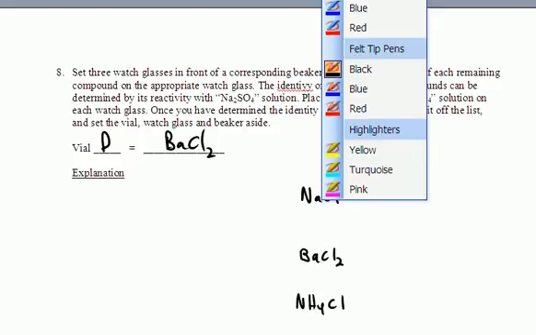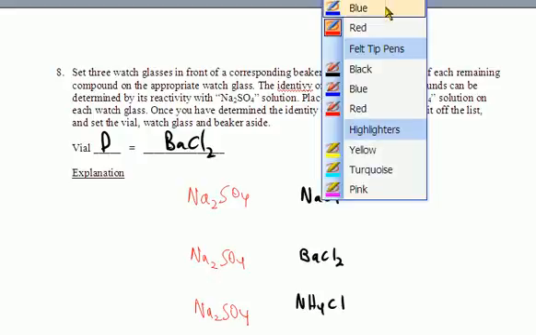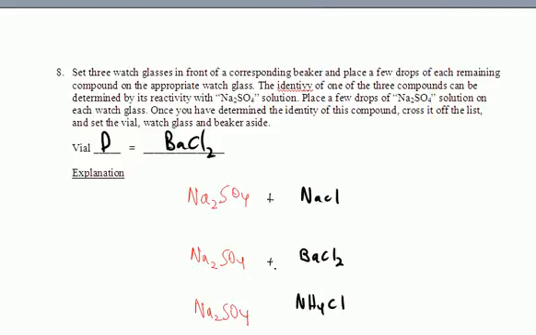And we actually reacted each of them with sodium sulfate. Now initially, every single compound here is aqueous, soluble. So what they did when we mixed them is they swapped their anions and their cations.